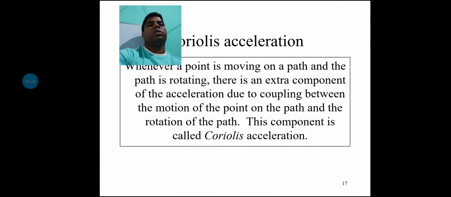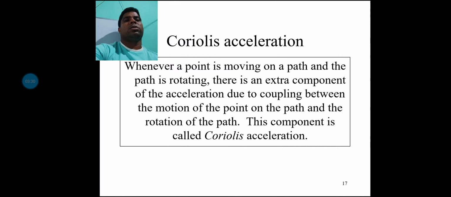Now, Coriolis acceleration. Whenever a point is moving on a path and the path is rotating, there is an extra component of acceleration due to coupling between the motion of the point on the path and the rotation of the path.